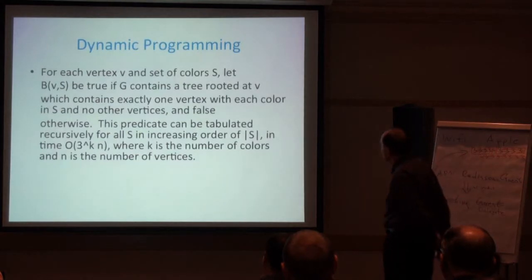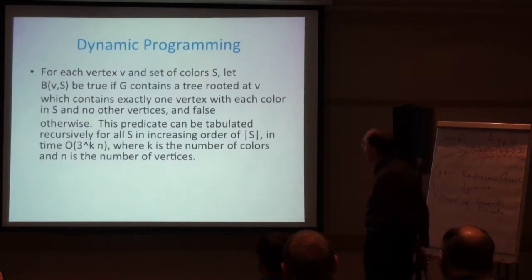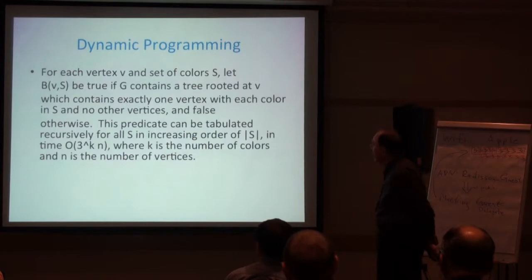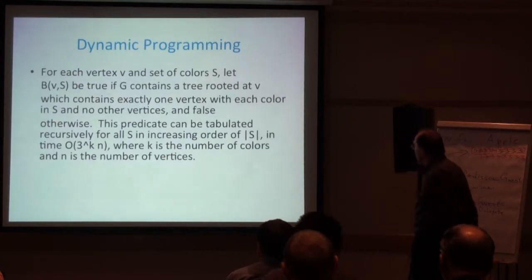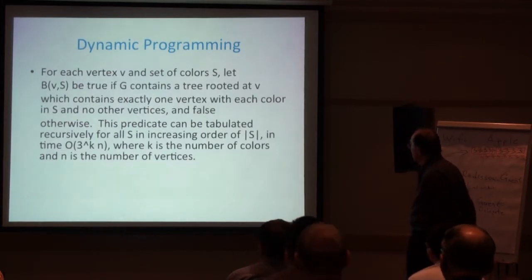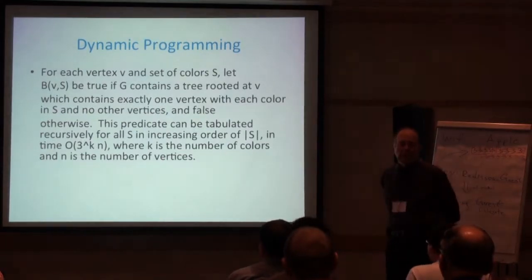Okay, so dynamic programming operates in the following way. It builds a table associated with a certain predicate. The predicate takes as its arguments a vertex V and a set of colors S. And the predicate is true if the graph contains a tree rooted at the vertex V and containing exactly one vertex with each color in S and no other vertices.